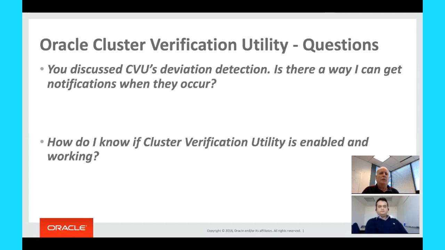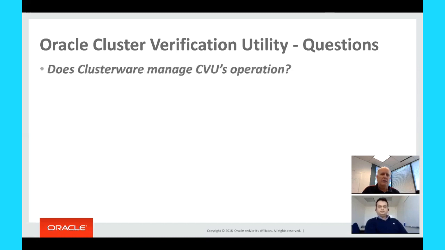Okay, so you mentioned that Clusterware is managing CView's operation. We see Clusterware has the concept of a node resource, a resource that runs on every node, and a cluster resource, which runs on one node at a time in a cluster. So how is CView set up? Yes, this is actually more detail.